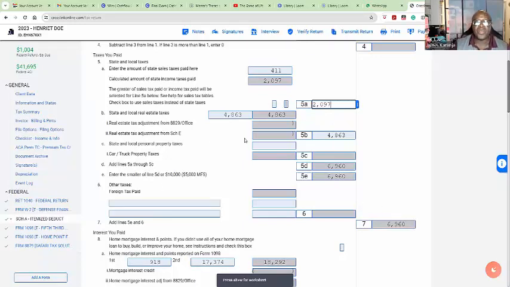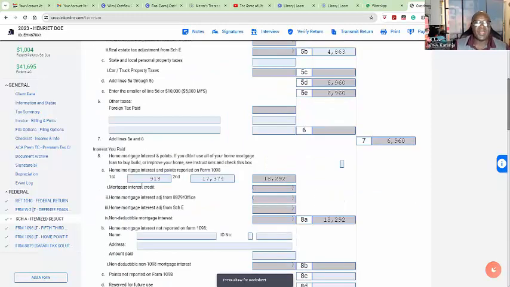But it cannot exceed 10,000 for someone who is single, and for married filing separately it cannot exceed 5,000. Okay. So this one is 6,960.